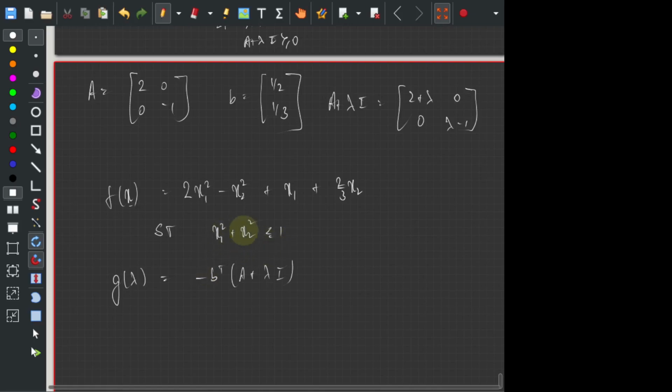So you're saying that x1 square plus x2 square equal to 1, instead of this inequality constraint?